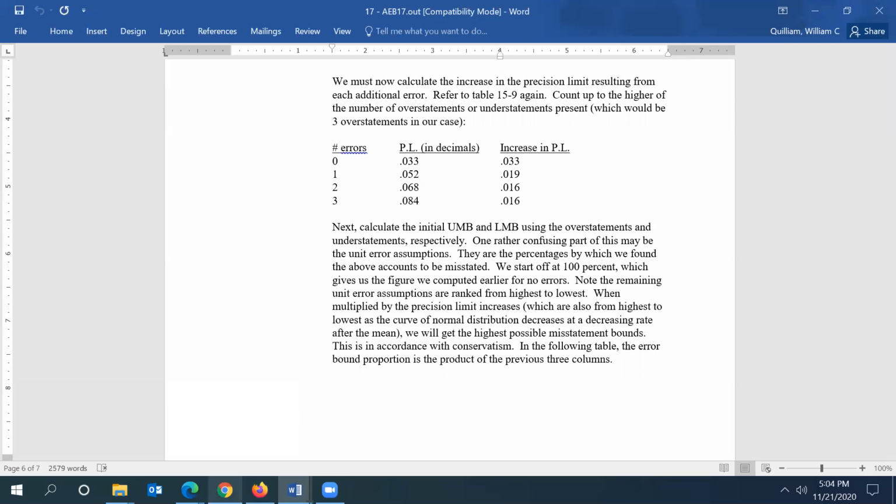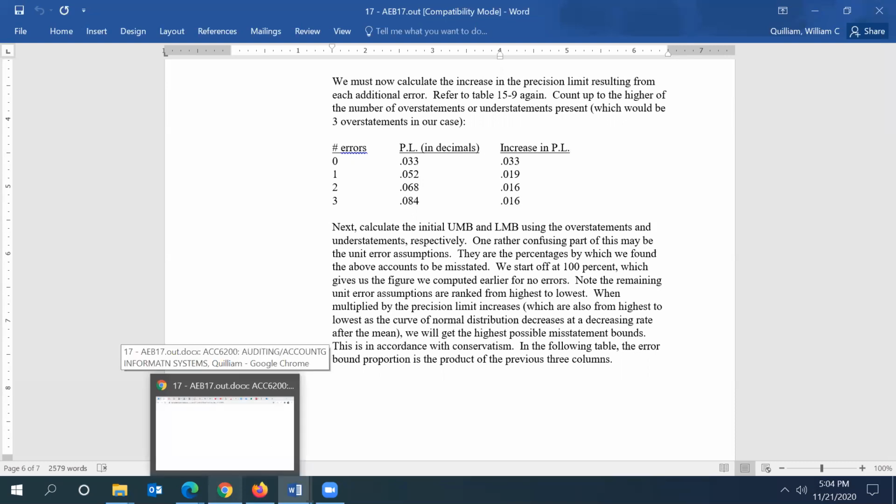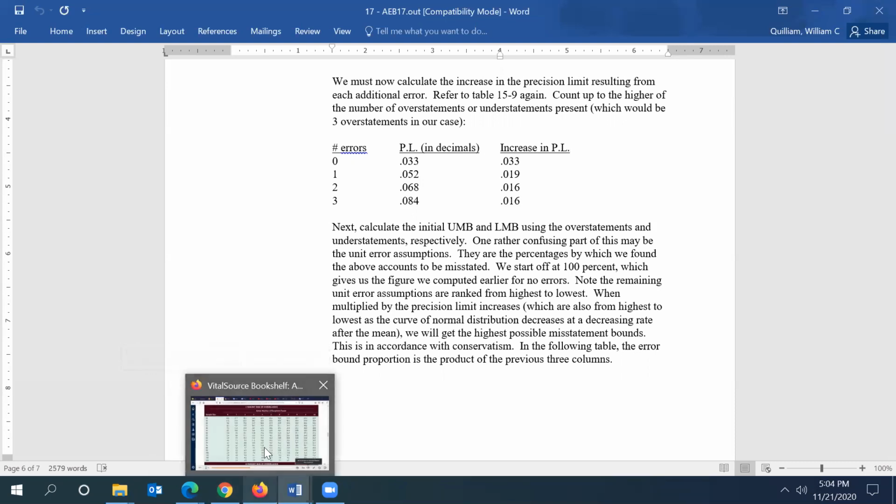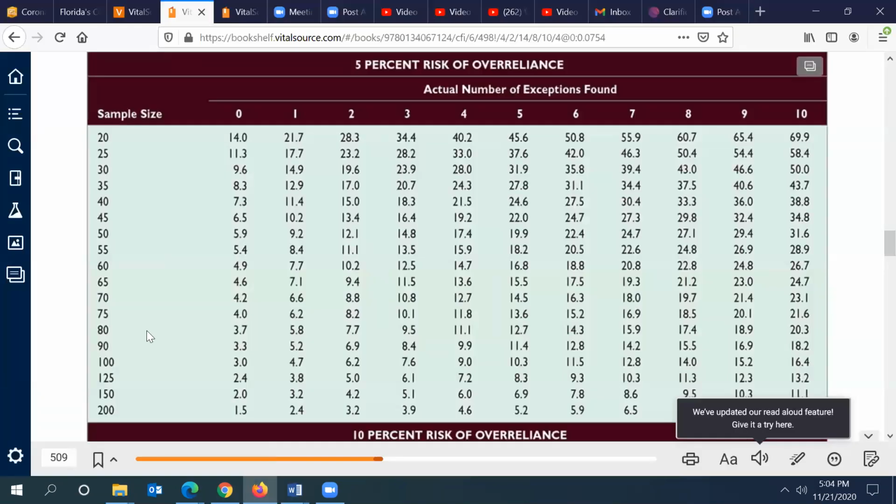So what do I mean? I'll show you here in the book. So let's go back to the sample size of 9. Then we're going to look at 0 errors.